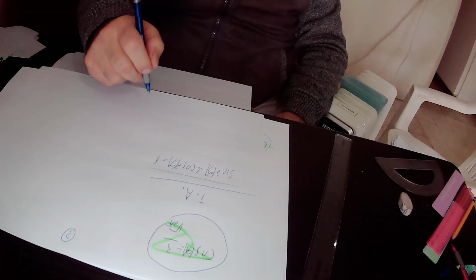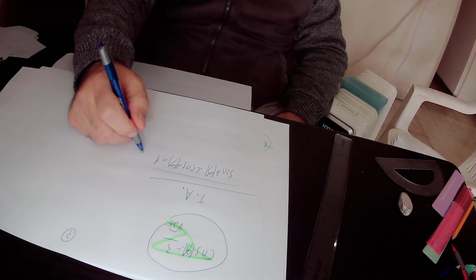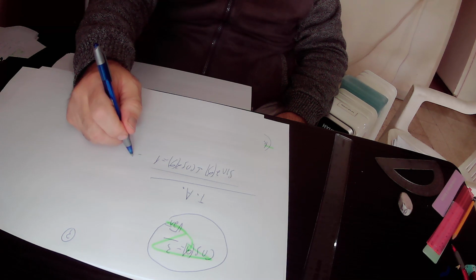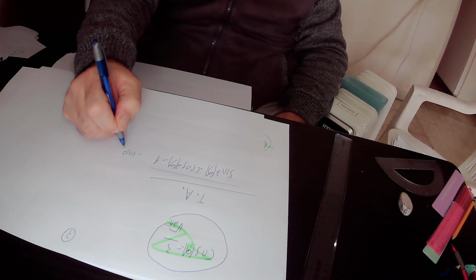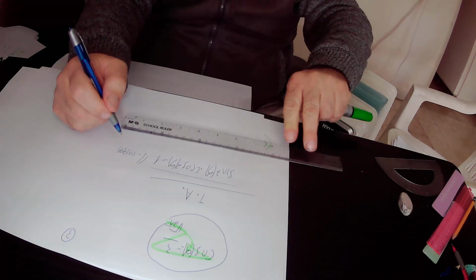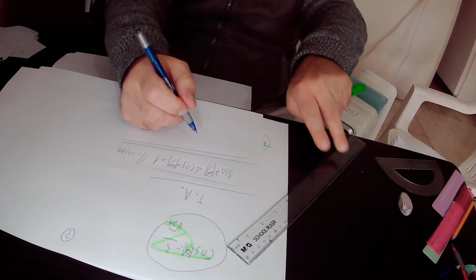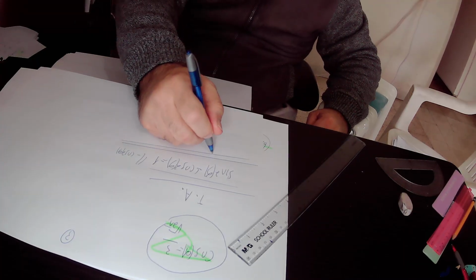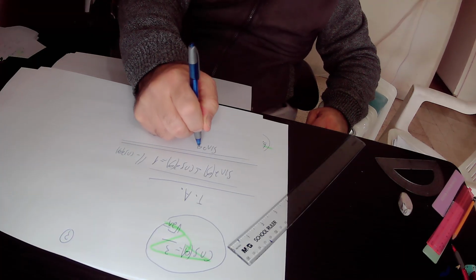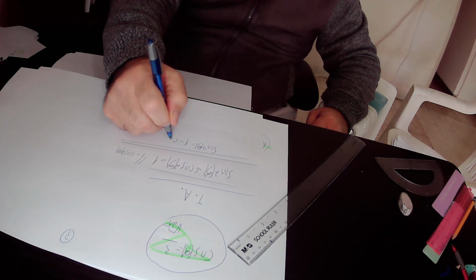Here we will subtract cosine square alpha from this trigonometric identity and get that sine square alpha equals 1 minus cosine square alpha.